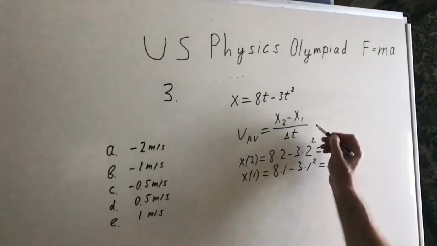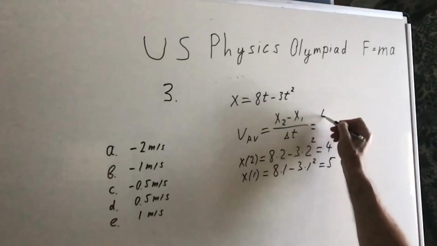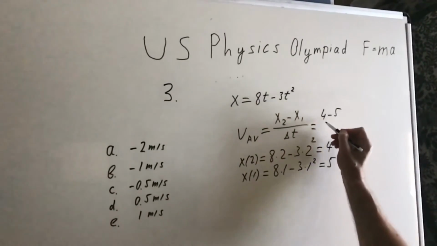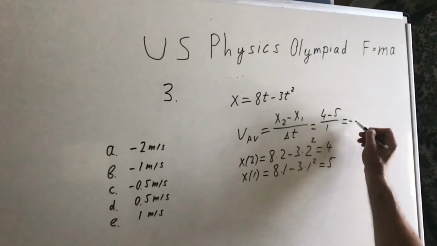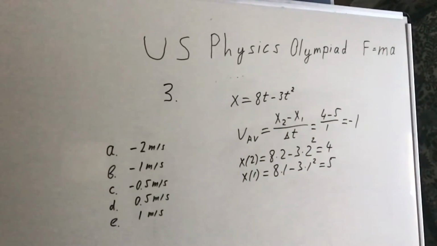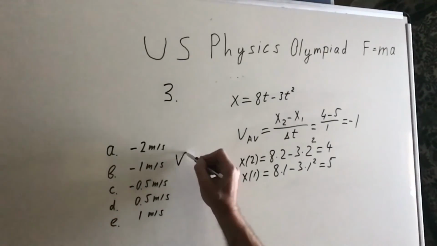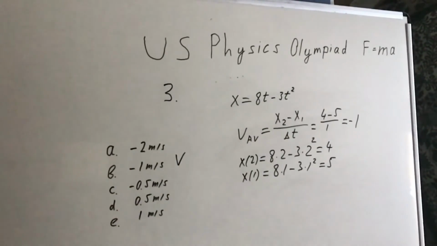So totally the solution is 4 minus 5 over 1, which is negative 1. So that's the solution. B, correct answer.